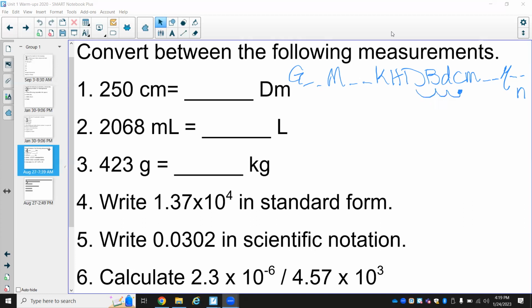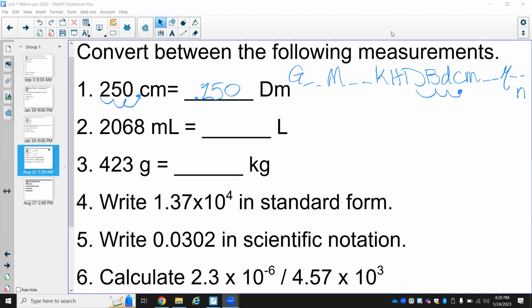So here our decimal point is after the 0. So we would move our decimal point 3 spaces to the left. So it would be 0.250 decameters. So those are 2 numbers that are the same amount. It's the exact same measurement. They're just in different units.